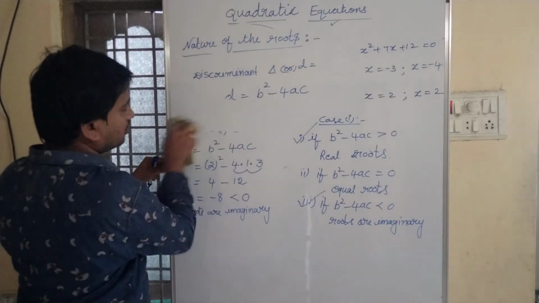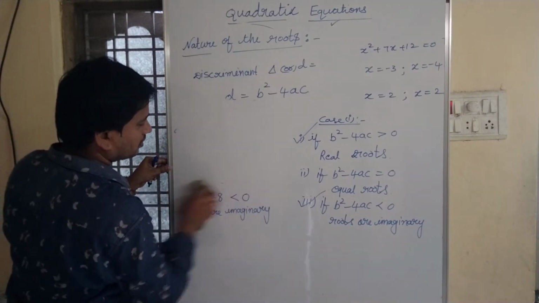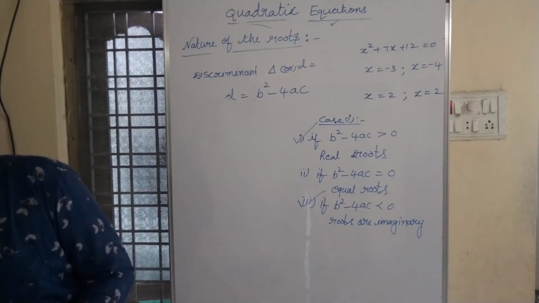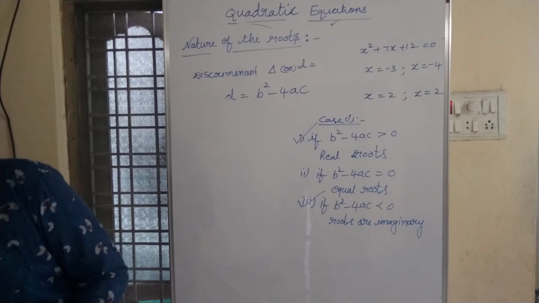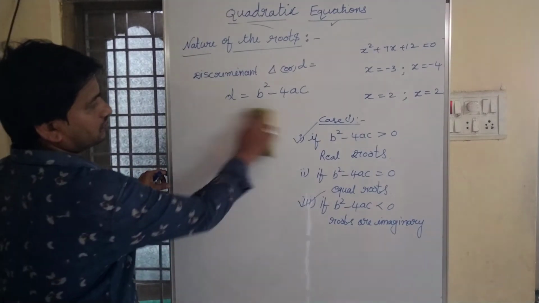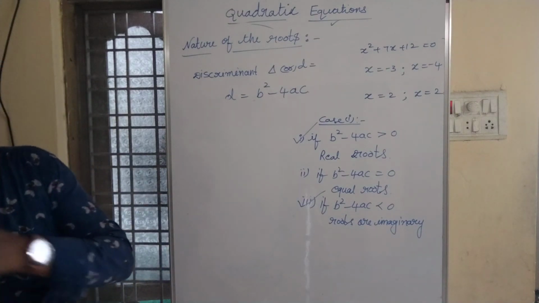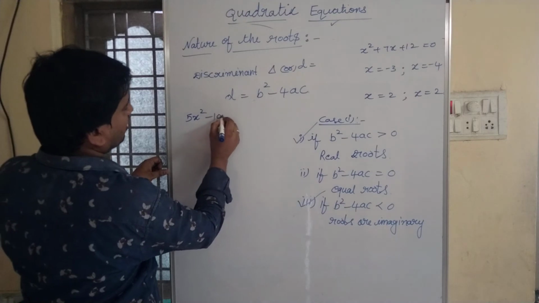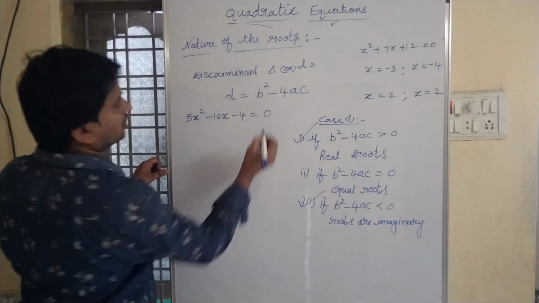For example, consider one more quadratic equation. x square minus 10x minus 4 is equal to 0.